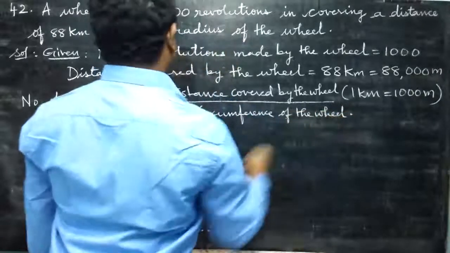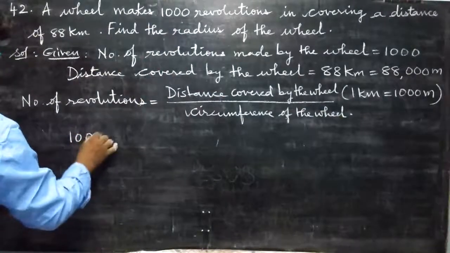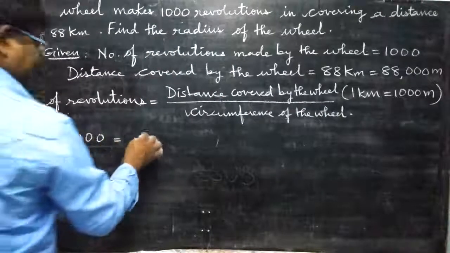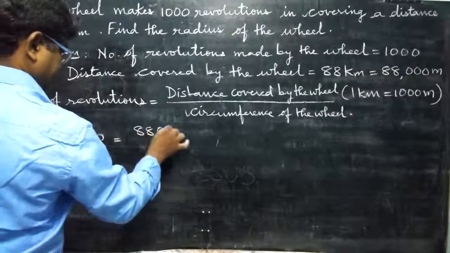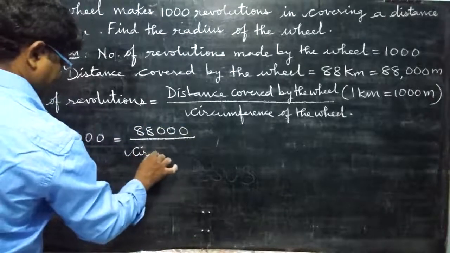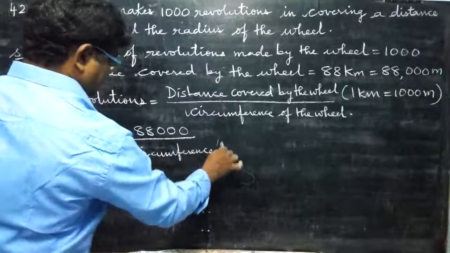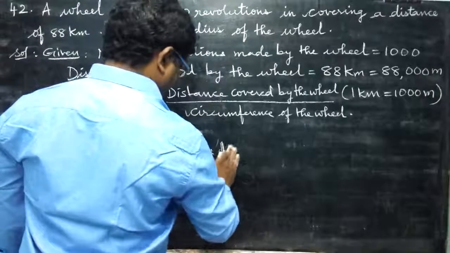Now, number of revolutions, how many? 1000. 1000 is equal to distance, how much? 88,000 by circumference of the wheel. This we don't know. We have to find this one also, the circumference of the wheel.